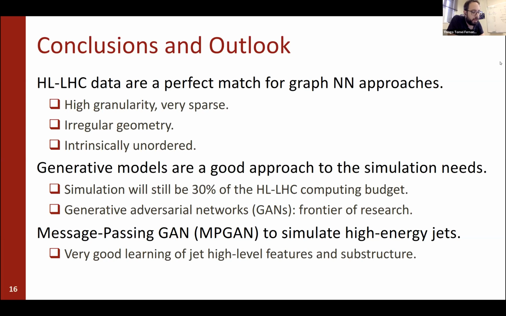Occupancy is very small. That's the sparseness that I want to draw attention to. The graph is between the particles themselves at the end. We connect every particle to every particle. Yeah, that graph, I don't think it's sparse.